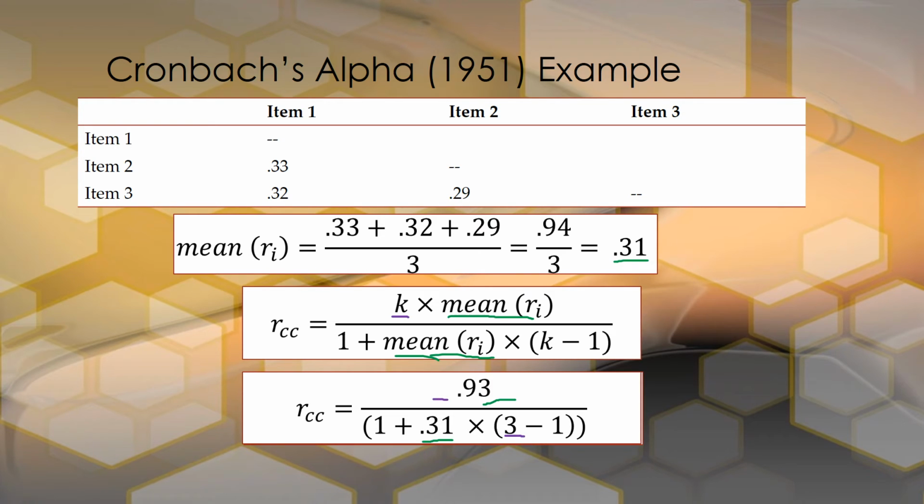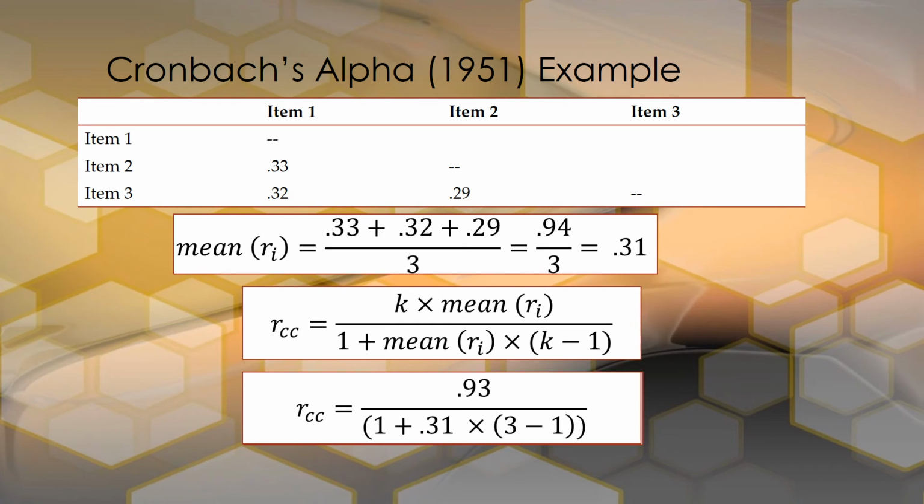Then the next thing we do is we're going to do the top first. So if we multiply K, which is 3, times the mean inter-item correlation of 0.31, we'll get 0.93. So I just did the top first.